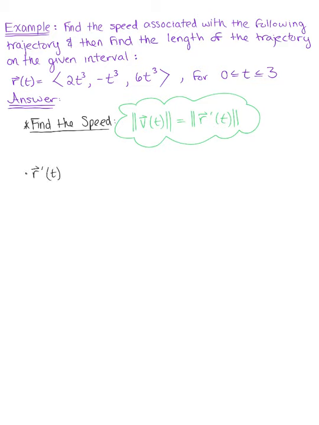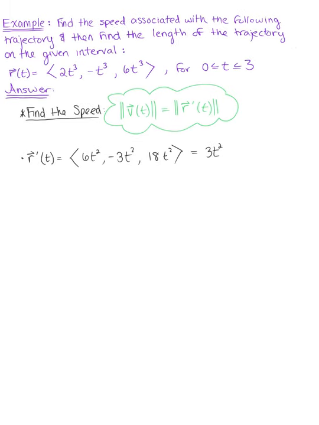So r prime of t is equal to 6t squared, minus 3t squared, and then 18t squared. To help simplify our calculations, I'm going to go ahead and factor out a 3t squared, our greatest common factor, which leaves us with the vector 2, minus 1, 6.